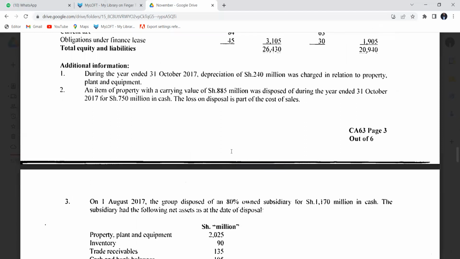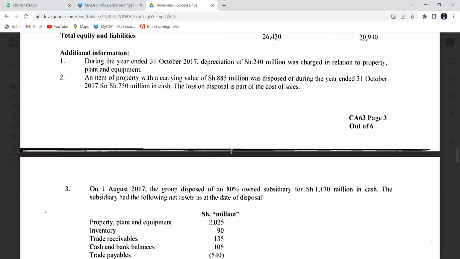Then there's additional information whereby you are told that during the year ended 31st October 2017, depreciation of 240 was charged in relation to property, plant, and equipment. Number two, an item of property with a carrying value of 885 was disposed of during the year for 750 million in cash.